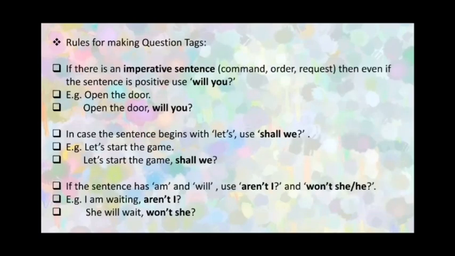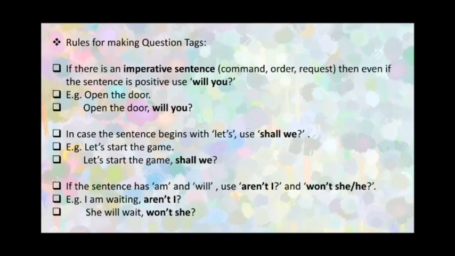So let's see some of the rules of how to make question tags. First one, if there is an imperative sentence, which is giving a command, order or request, then even if the sentence is positive, use will you.